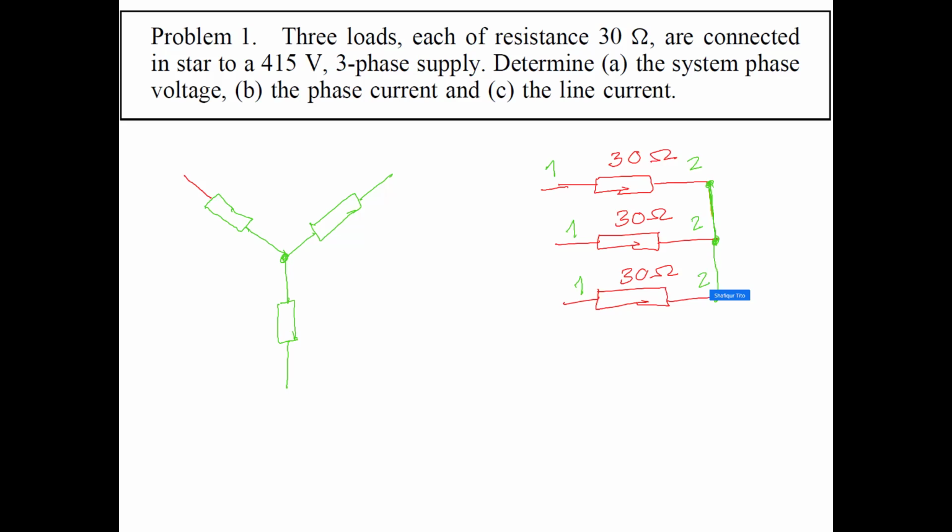So terminal 2 of all of them is common. It doesn't matter for a resistance or passive element, so any of the terminals you can make common, and the other terminal will be open, connected with the line. So it can be connected to phase A, B, and C.